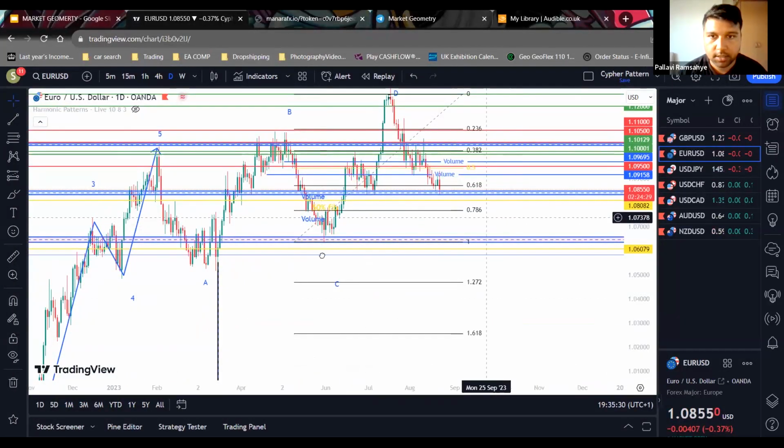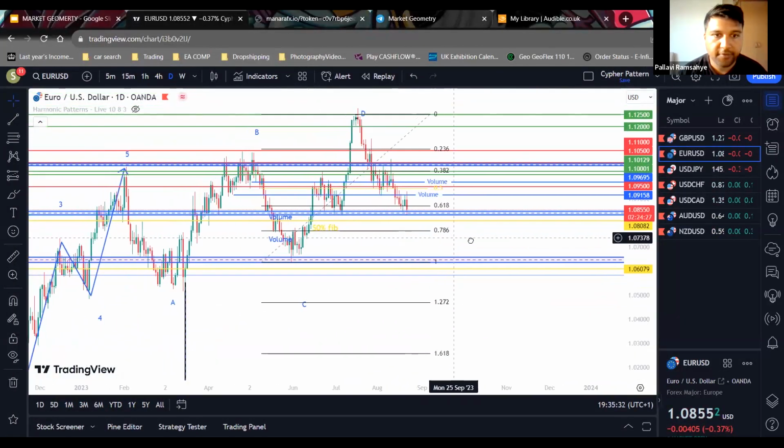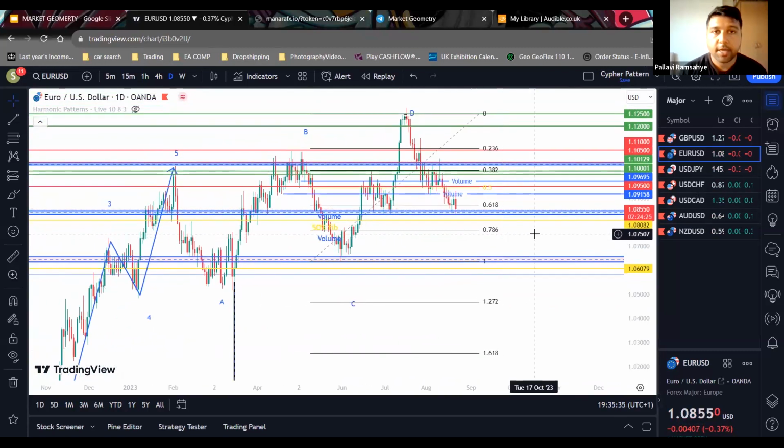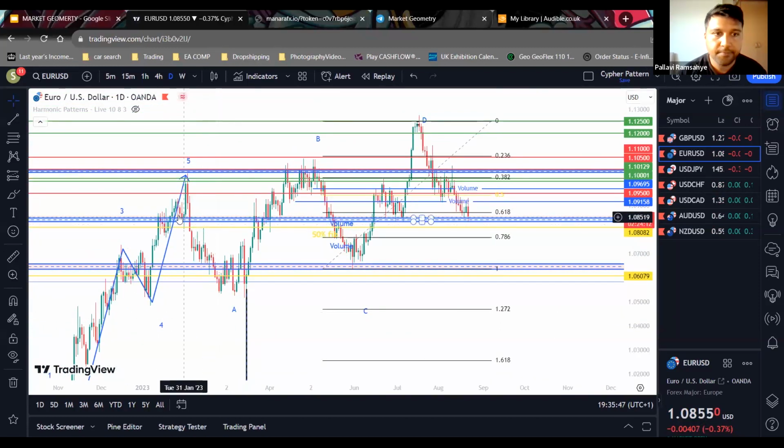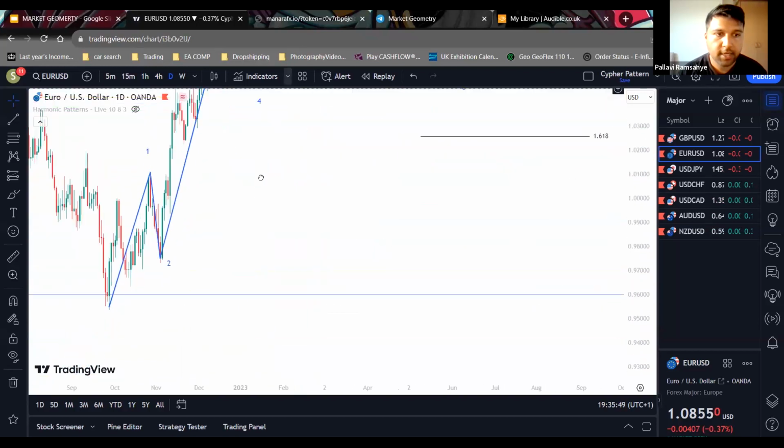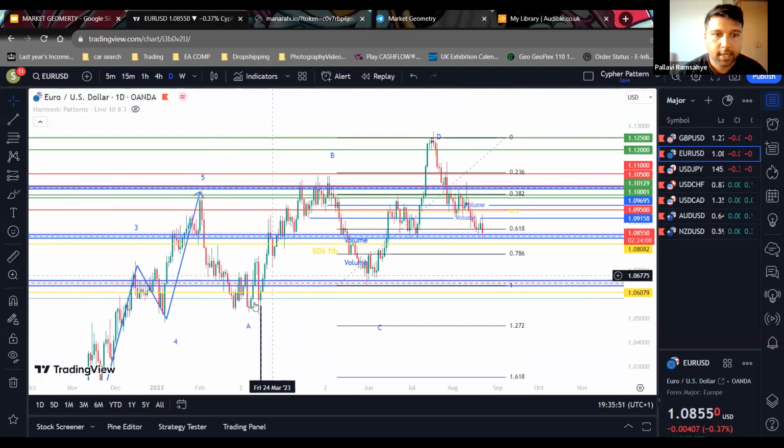The reason I mark up the 50% zone, I mark it up on a larger time frame and I mark it up on a lower time frame as well, depending on where I'm focused on the chart. For example, with this right here, the Elliott wave had completed, and then we've gone from this low right here, and this is the high right here, right?